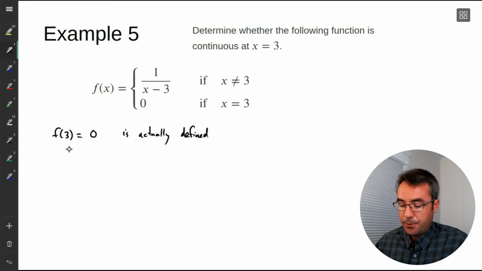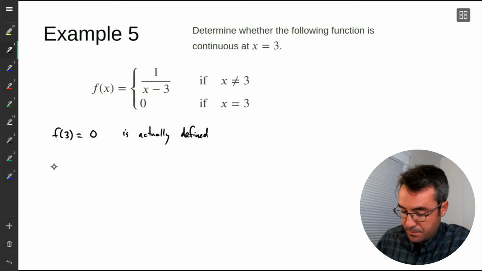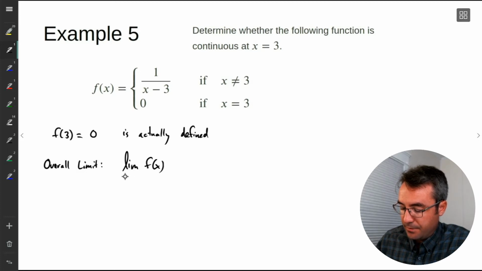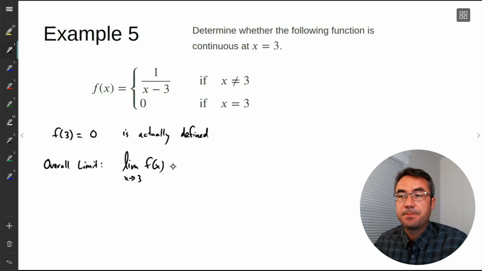Now we want to figure out the limit of our function. So we want to do the overall limit of f of x as x approaches 3. Figure out what this is.